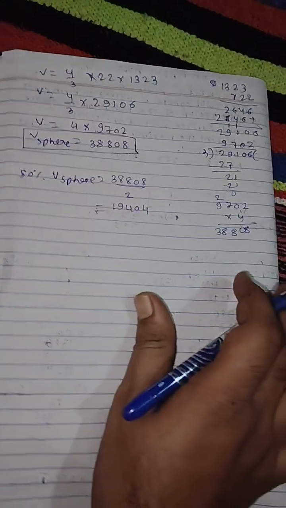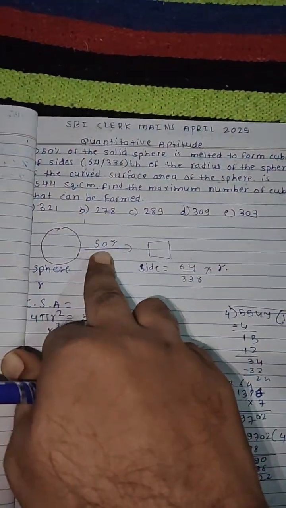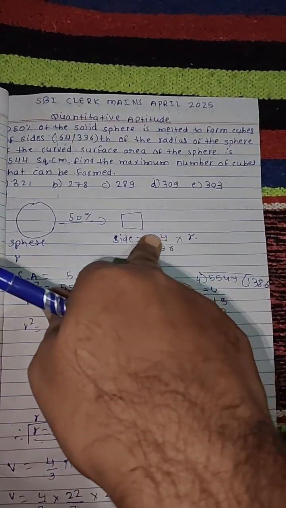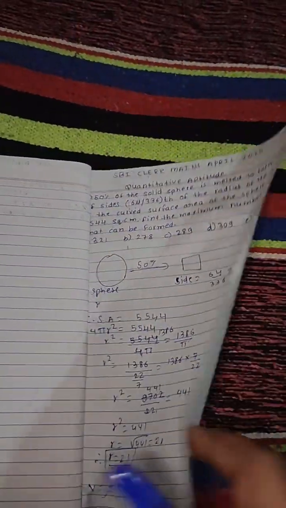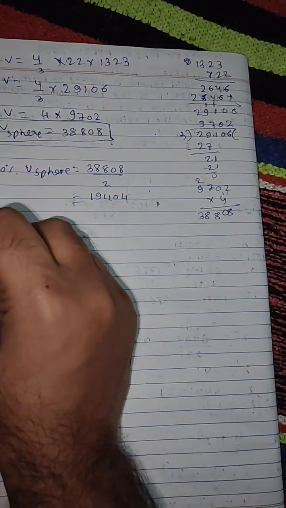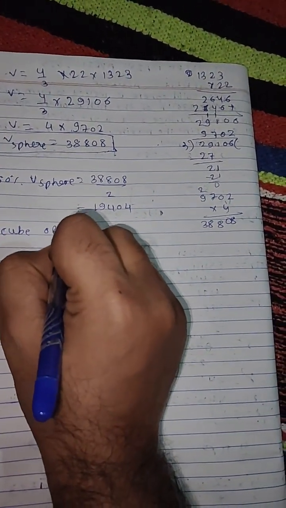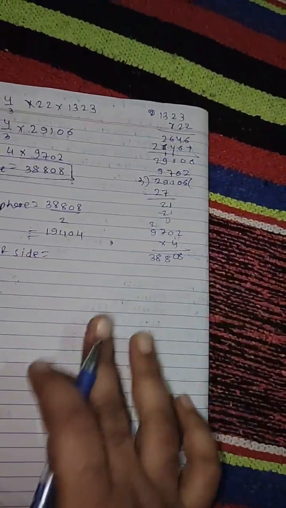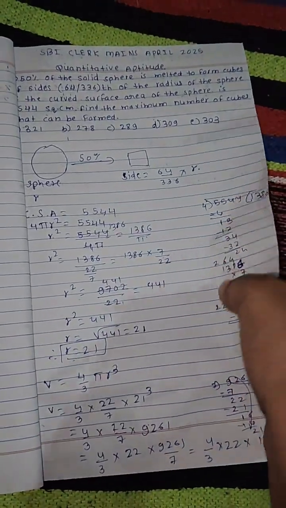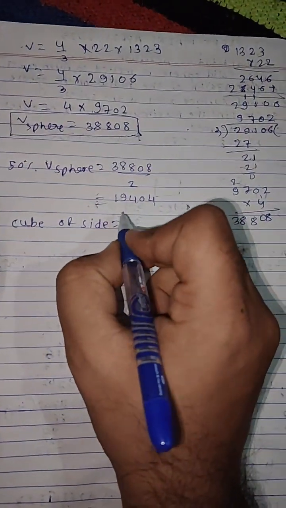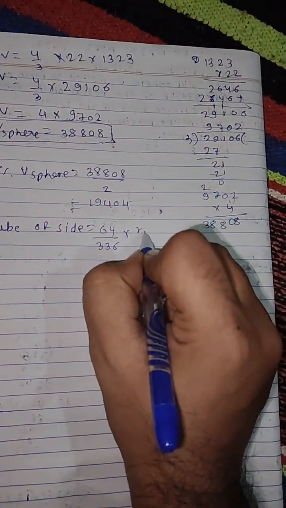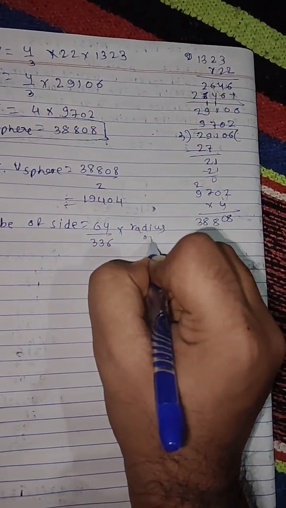So this much volume is converted to cubes of side 4/3 times 6 of radius of sphere, 4/3 of radius of sphere.